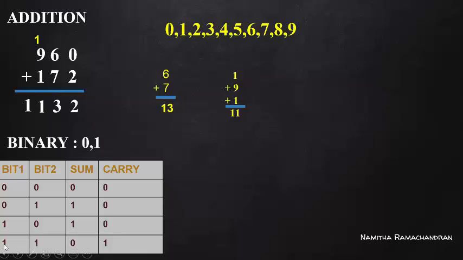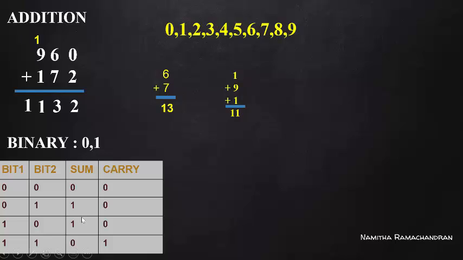Again, while adding two ones, what happens? In decimal, 1 plus 1 is actually 2. But 2 is not present in the range of binary, so we can't directly represent 2 in a single position. 2 can be represented in binary as 1, 0.